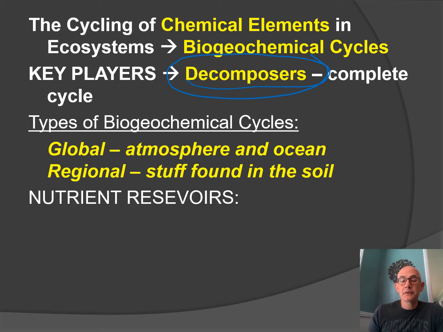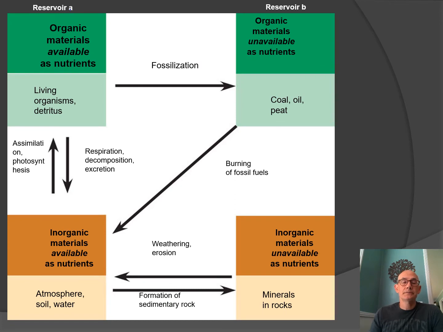Our nutrient reservoirs, these are going to be where all of these nutrients are kept. So we have things that are going to be located in the atmosphere and the soil and the water. So these are going to be your basic abiotic sources where the nutrients are kept.